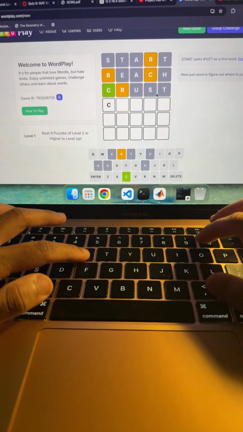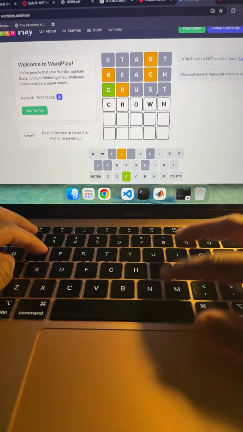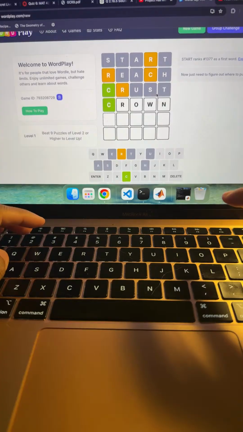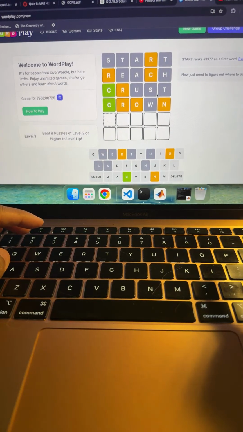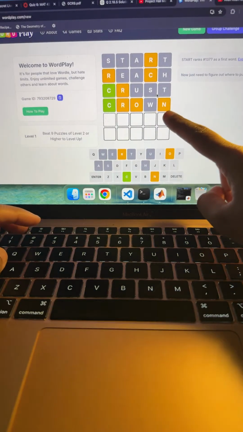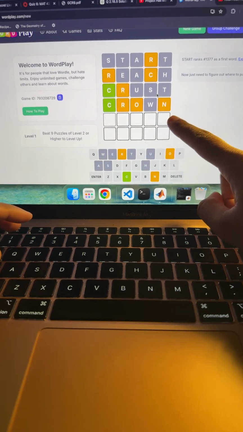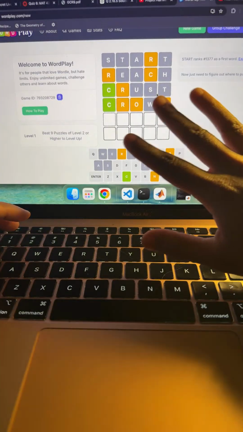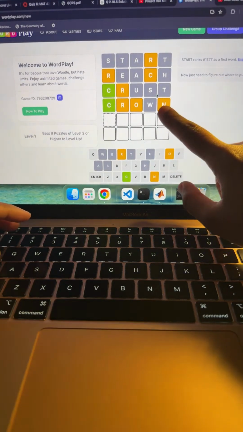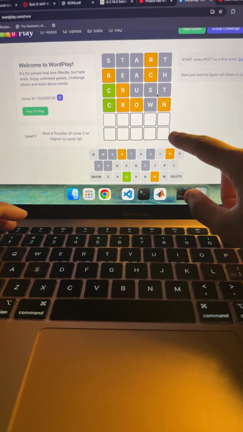Crown. Oh, you guys are smart. Oh yeah, that's a good guess though. Dang, look at all that. It ends with R. Church. Circle. That's a 5-letter word. Croc. There's an N though. Crown was a really good guess though.